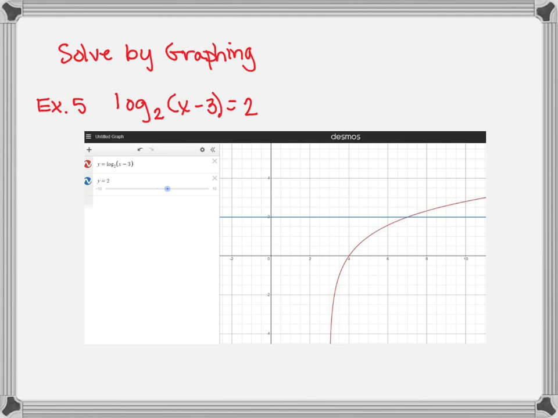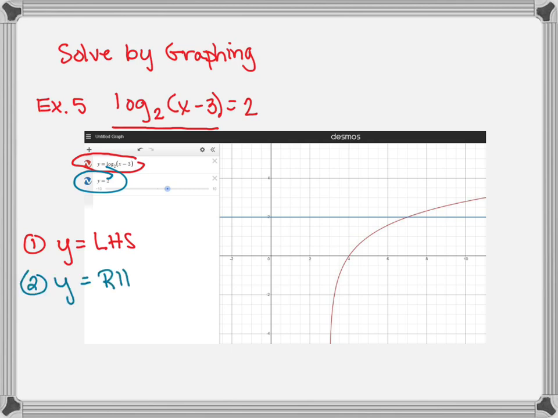This is the graph you saw, and I created it to solve this equation. So I have y equals log base 2 of x minus 3 as my first equation. Remember, we put y equal to the left-hand side. And then I have y equals 2, or y equals the right-hand side, as my second equation.